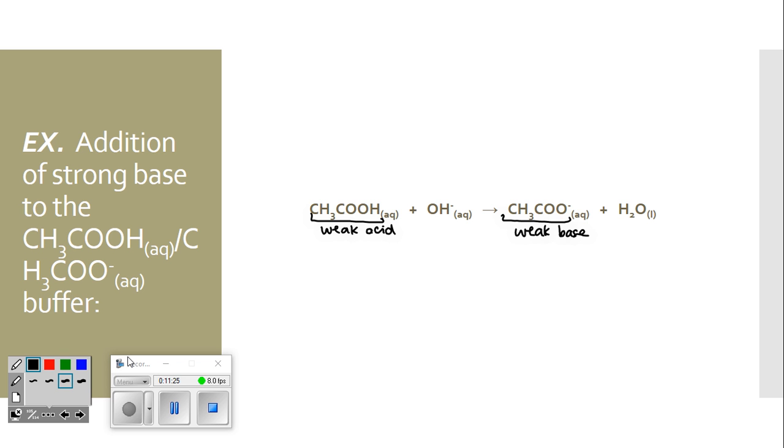Now, if I add a strong base to a solution that contains both of those conjugates, the weak acid donates a proton and those hydroxide ions get neutralized.